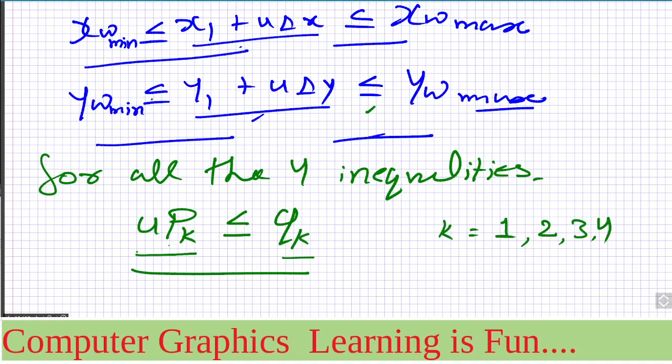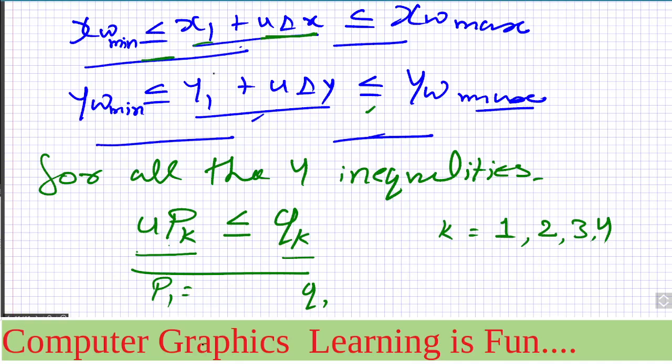If we are talking about the first condition, here we have u delta x. Let me tell you what P1 and Q1 are.